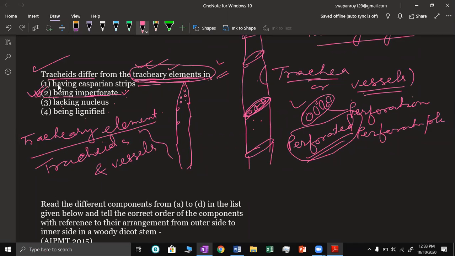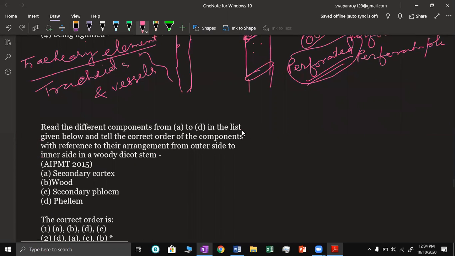So that's why this question should not be like this. In its place, it should have been trachea or vessels. Okay. Anyway, we have to find out from here. We have to know what the question says.